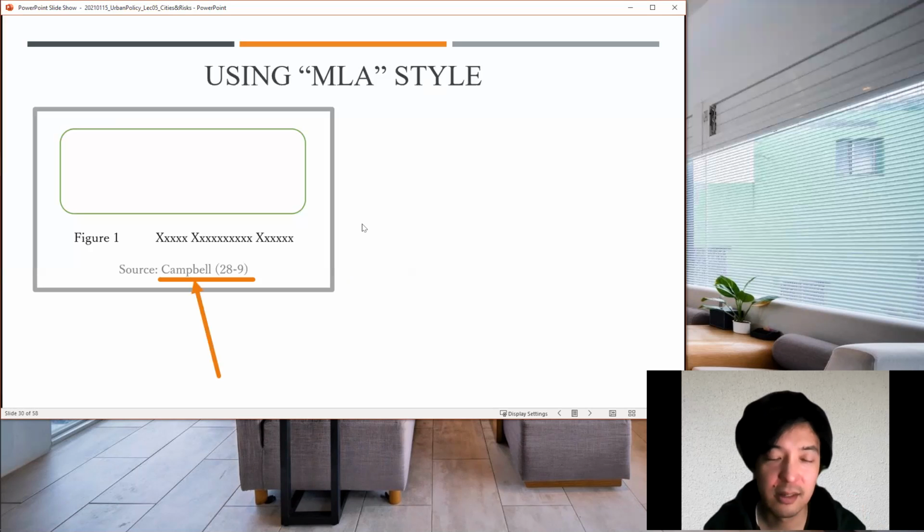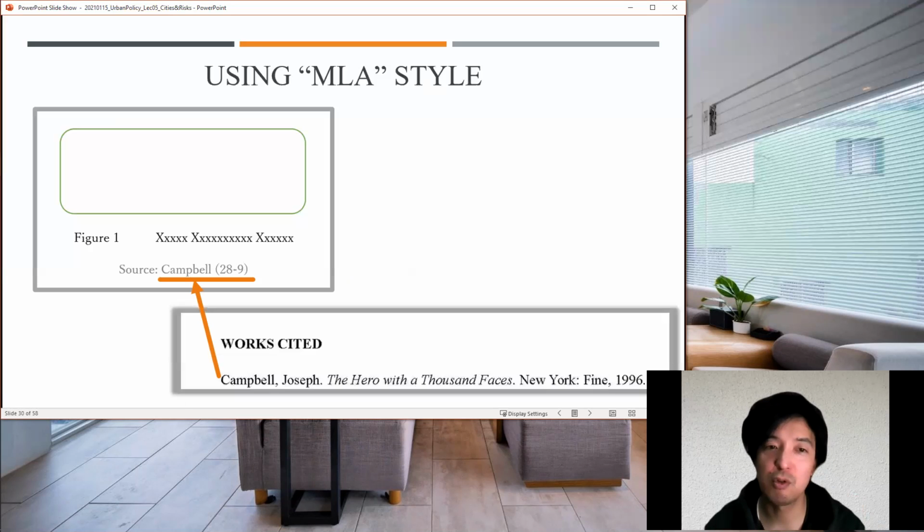And after that, at the bottom of your paper, you need to show works cited. In this place, you should show the details of your source information. In this case, Campbell's work was titled The Hero with a Thousand Faces.